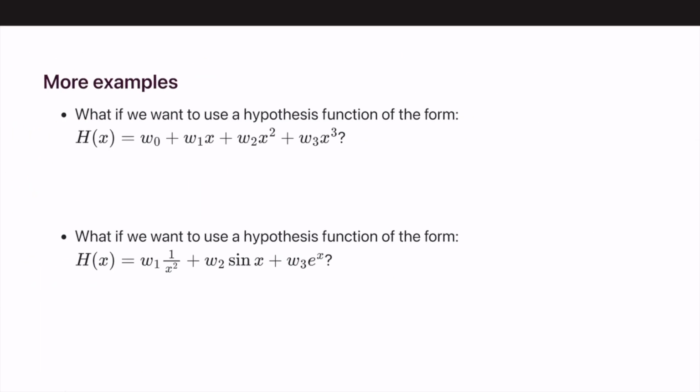And it really doesn't matter. We can have a third power here. This is fine, as long as we can put it into the form of our design matrix times our W vector, and we will get our predictions, our y hats.